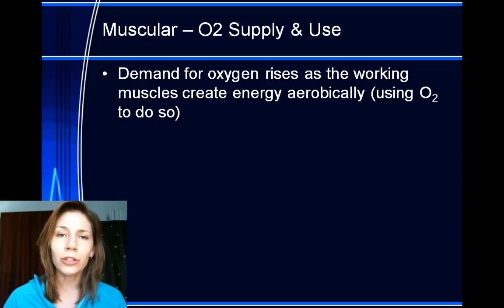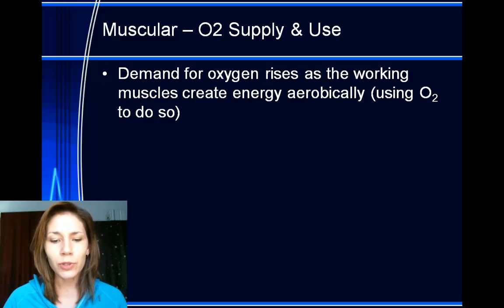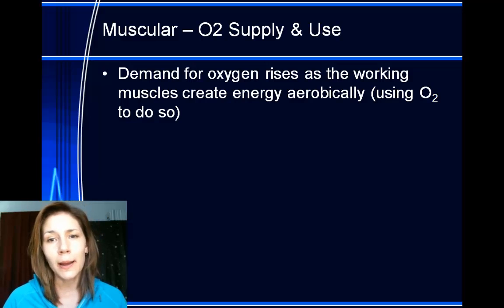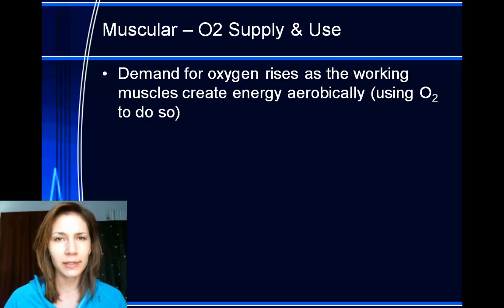For any longer though, you'll need to start using glucose, and to avoid that lactic acid or lactate buildup, you want to be using oxygen as well at a lower intensity. So when you go from a walk to a jog, your oxygen supply at the muscular level will increase, because it's part of the process to create energy.